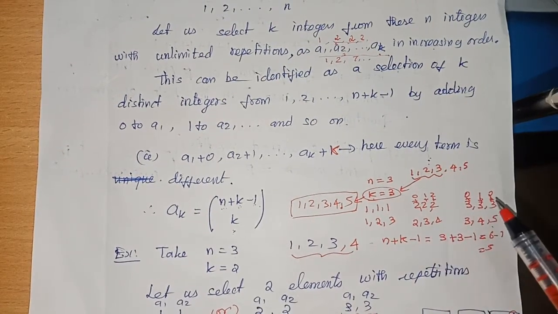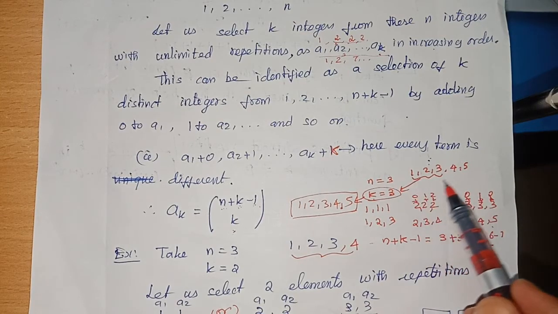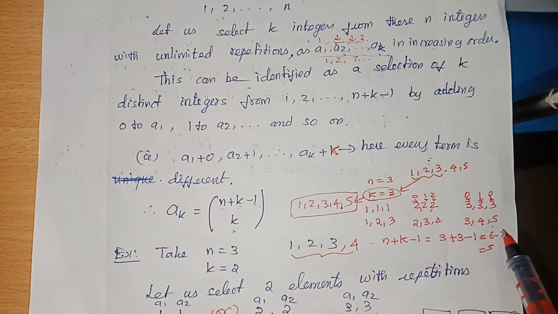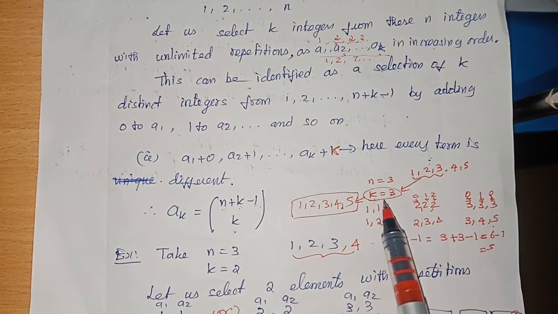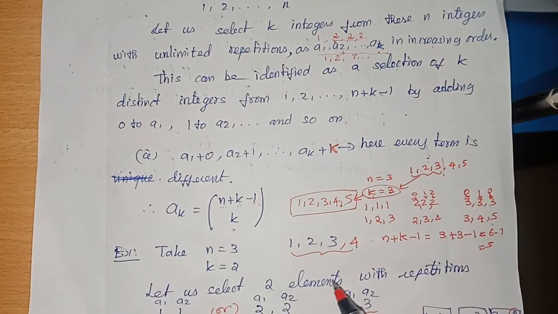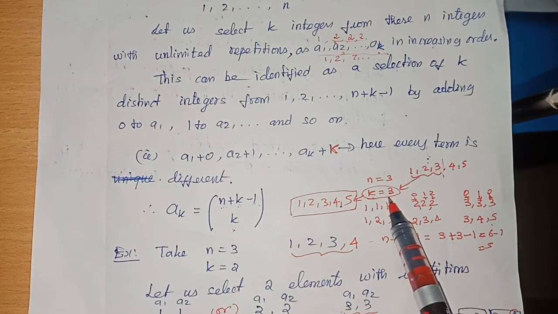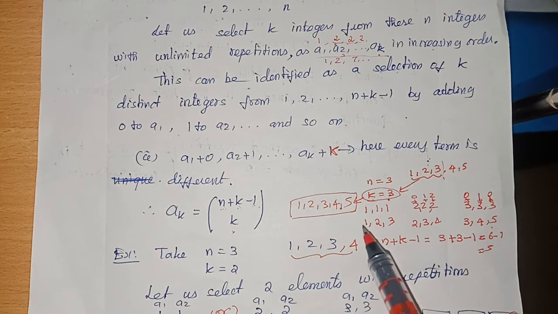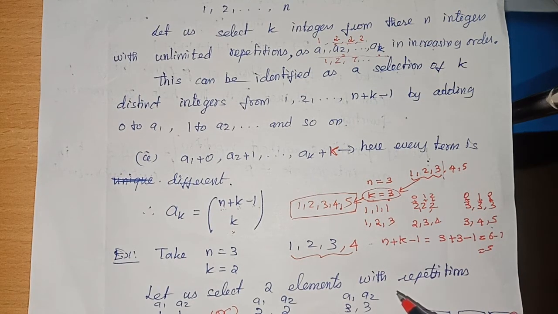Now the problem has been converted: along with these 5 elements, I am going to select 3 different elements. Originally, I was given only 3 objects, and I am going to select 3 objects out of this, but repetition is allowed. But the repetition is converted into distinct objects just by adding 0, 1, 2, etc. Now, after this addition, the sequence becomes a sequence of elements without repetitions.